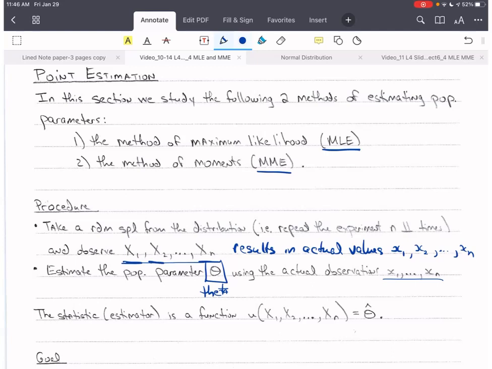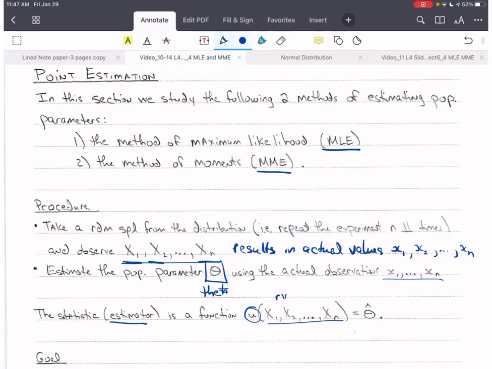Okay, so a statistic is an estimator of a population parameter, and it's a function of the independent random variables involved, and there's n of them in this case. So we're saying that it's u of X1, X2, and so on. Notice these are random variables.